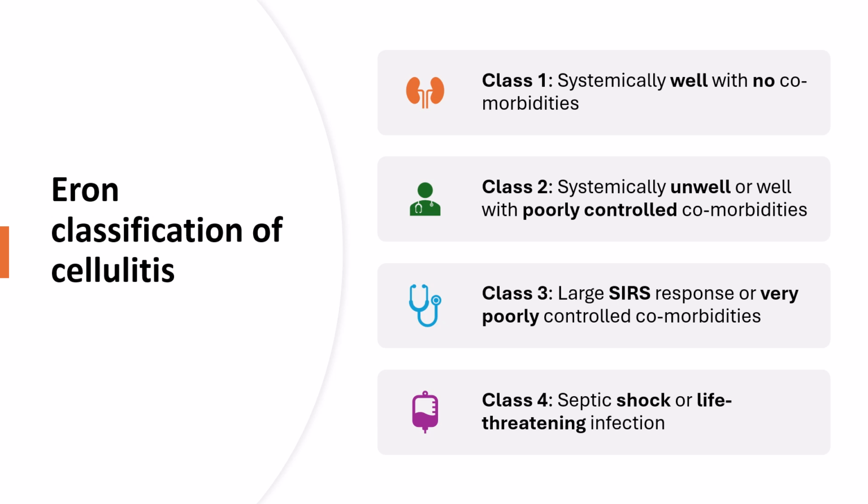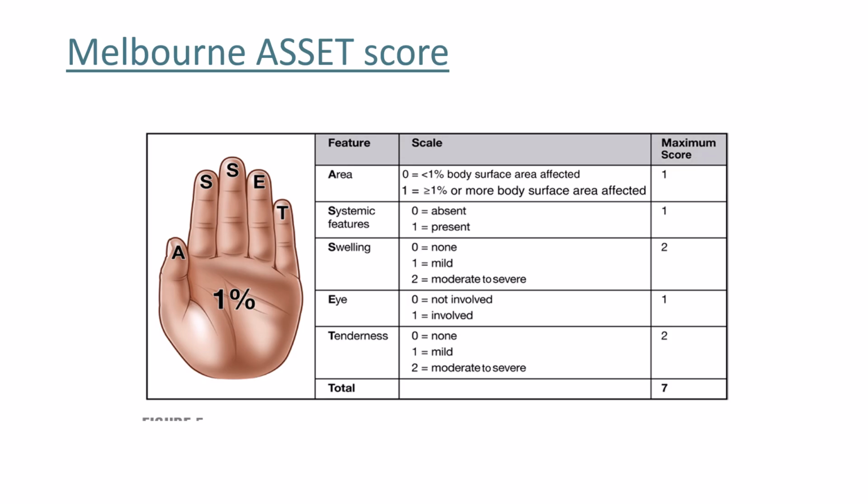So this is the Eron classification. The next one is scoring. Scoring is also important to guide you for the management. ASSET is the abbreviation for this. A stands for area. Less than 1% body surface area affected, score is 0. More than 1%, score is 1. If systemic features are present, then 1.